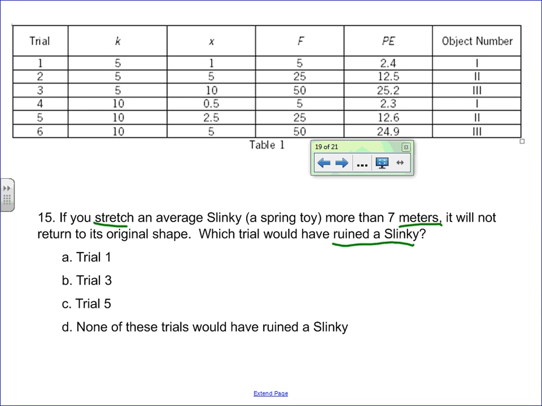What do we know then about the stretch? Right. If the stretch is greater than 7 meters, if the displacement is greater than 7 meters, we should say it ruins the Slinky. So which trial would have ruined Slinky? Would it have been the displacement of 1, 3, 5, or none of them would have ruined the Slinky? Is it the only one that's greater than 7? I like that.